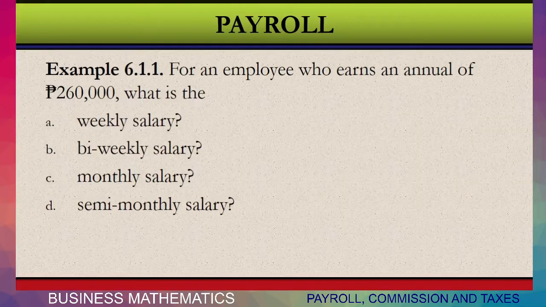Okay, next. The other one is bi-weekly. Yung annual salary pa rin natin yung gagamitin natin, which is 260,000. Magbabago lang yung ating formula. Yung formula natin ay bi-weekly salary is equals to annual salary divided by 26, kasi per dalawang linggo yung sahuran.